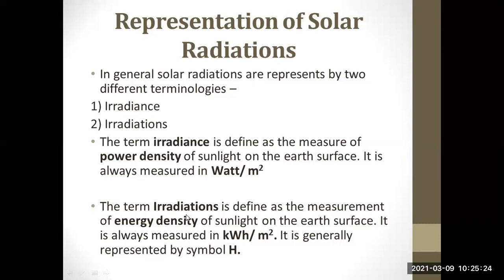In the same way, we have irradiation, which is nothing but the measure of energy density of sunlight on the surface of Earth, and it is represented in kilowatt hour per meter square. And the symbol commonly used to represent it is capital H. So you have to remember these 2 points.